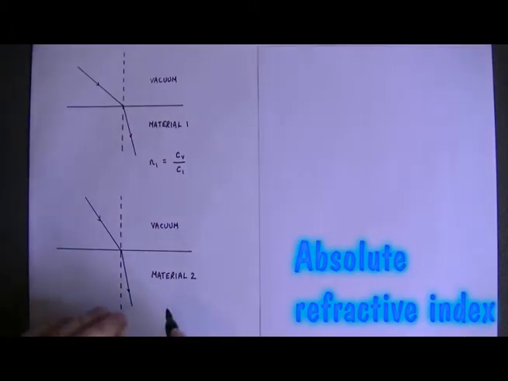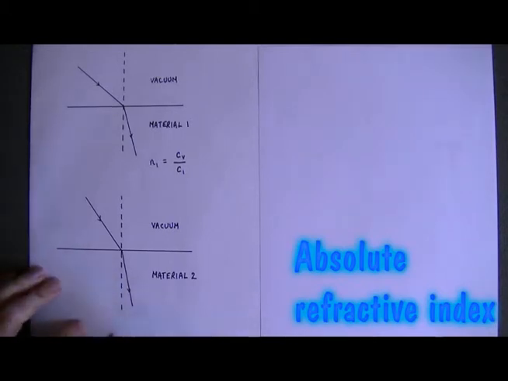I can do the same for material 2. So the absolute refractive index for material 2, n2, will equal the speed of light in a vacuum divided by the speed of light in material 2.